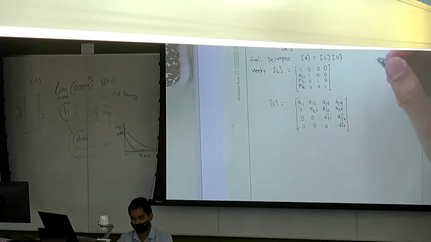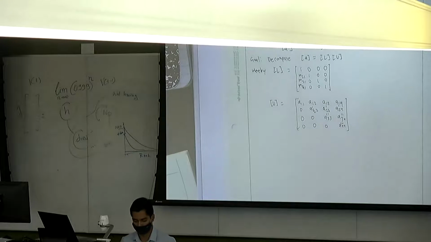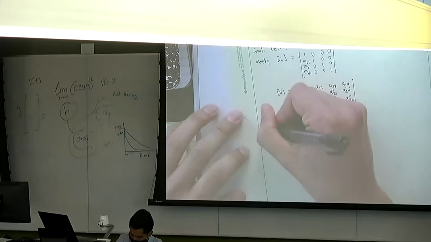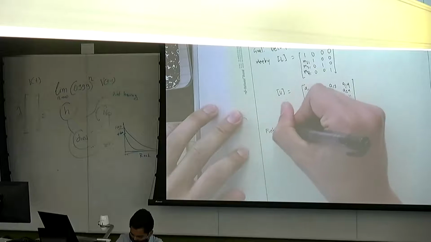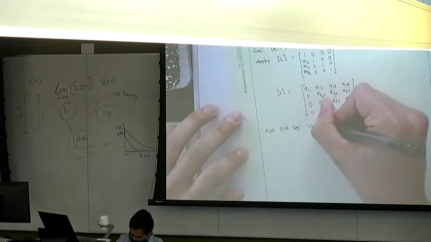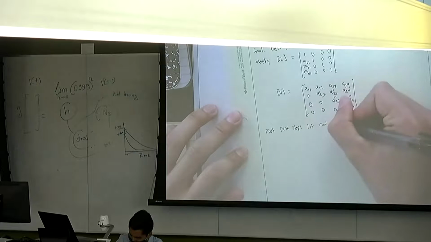So let's do this. We're going to have a couple pieces of paper. The first step is to look at the first row and the first column.